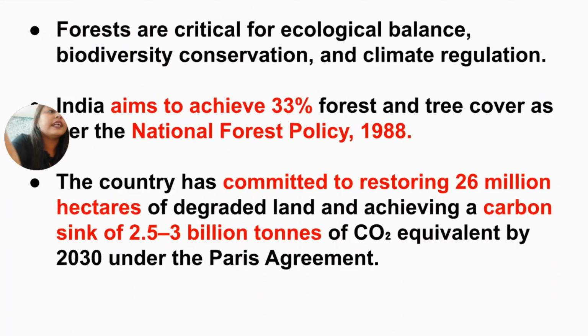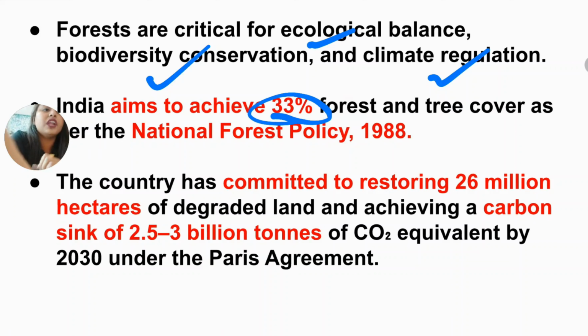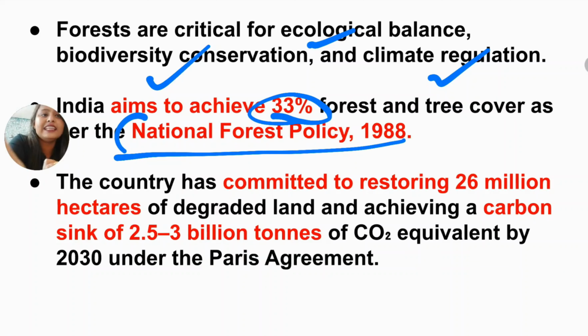So now all set, we'll get into the topic: what exactly is forest cover, and what stats are available with us so far. Forests, we know, are very critical for our ecological balance, biodiversity conservation and climate regulation. India is aiming to achieve 33% tree cover under its National Forest Policy of 1988.